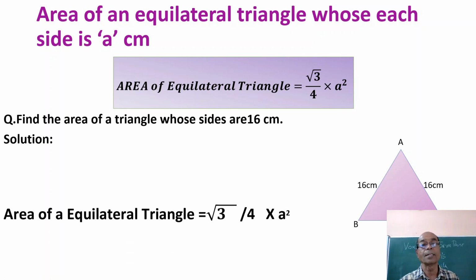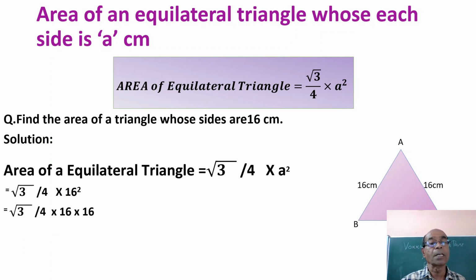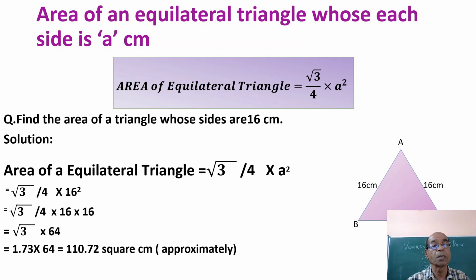The solution for this is: area of this triangle is equal to square root of 3 divided by 4 multiplied by a square, and if you substitute a by 16 it comes to square root of 3 by 4 into 16 square, which is equal to square root of 3 into 64, which again leads to 1.73 into 64 is equal to 110.72 square centimeter approximately.